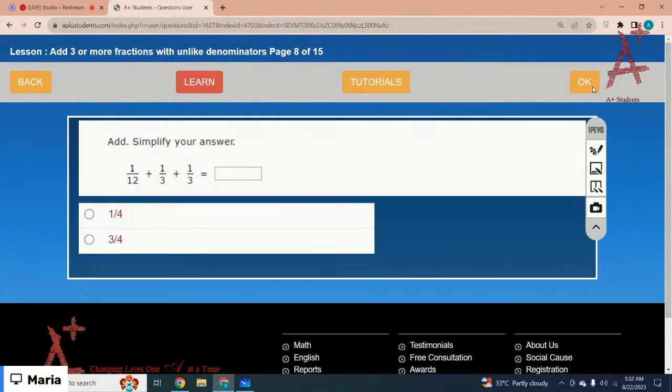The next one is 1 by 12 plus 1 by 3 plus 1 by 3. So you have to multiply both the fractions by 4. It would be 9 over 12, right?